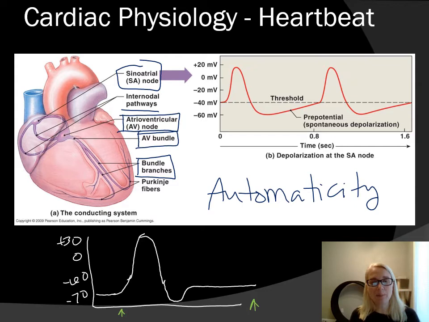Then towards the apex of the heart, the bundle branches turn up, kind of a 180, and go back up and distribute in the walls of the ventricles. These are called your Purkinje fibers. Other than the internodal pathway, there are 5 major parts of this intrinsic conduction system: the SA node, the AV node, the AV bundle, the bundle branches, and the Purkinje fibers. Make sure you know those and you know them in their proper order.